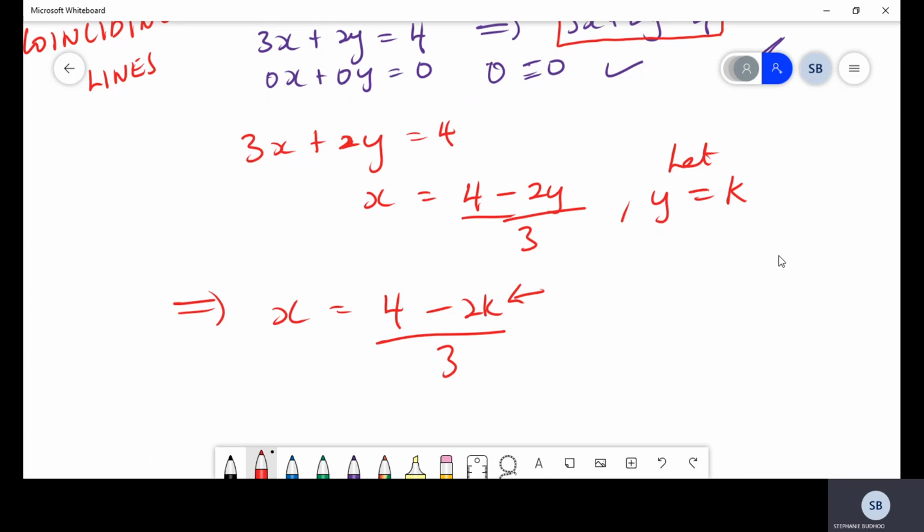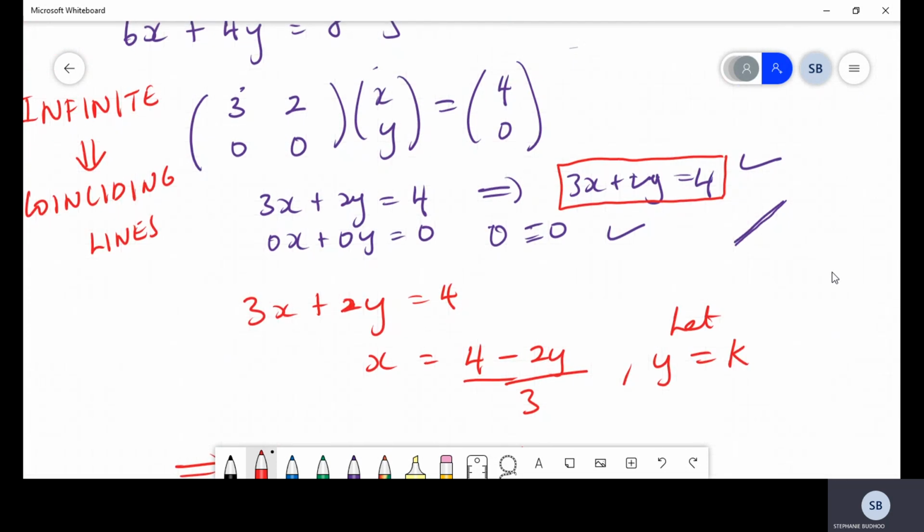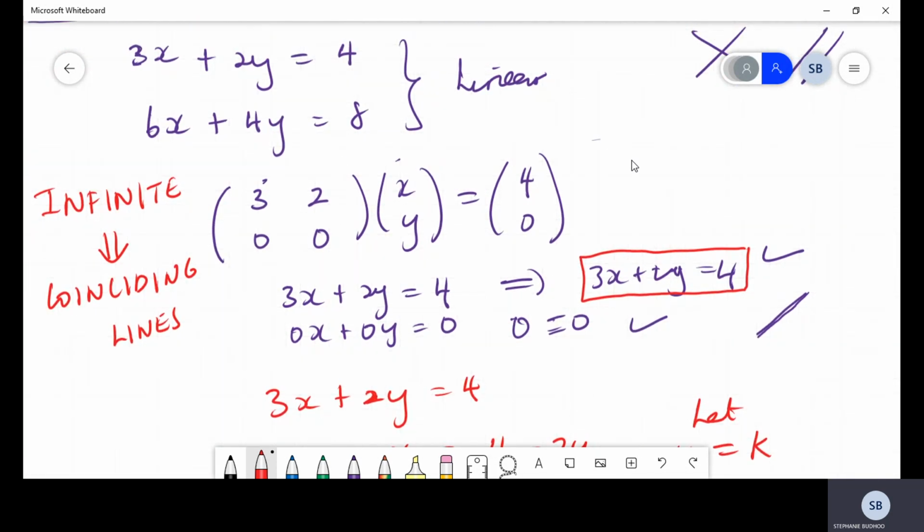So what you want to look for is a case where whenever you are applying row reduction and one entire row reduces to all zeros, then you can safely say that there's an infinite possible situation of solutions for this system of equations.